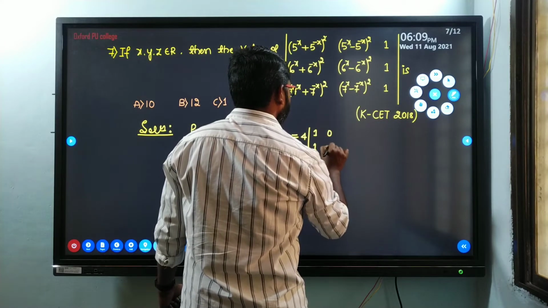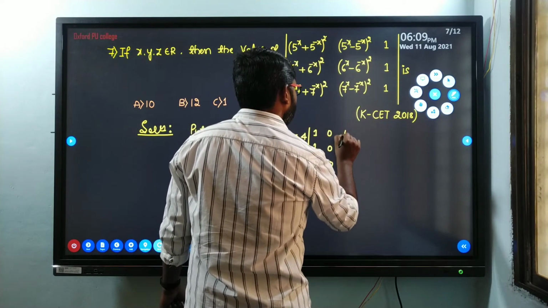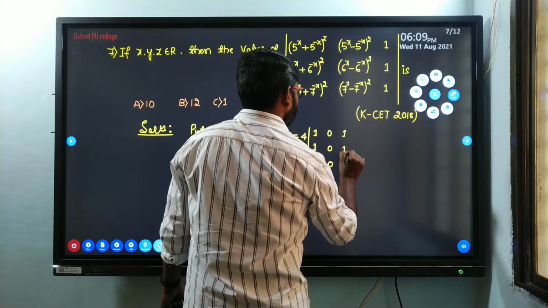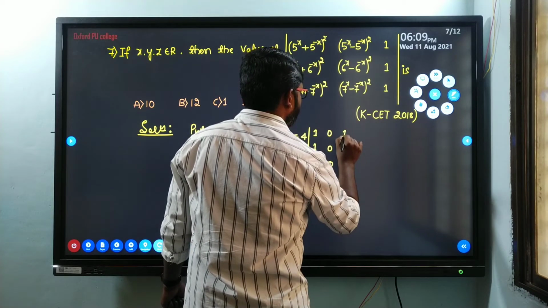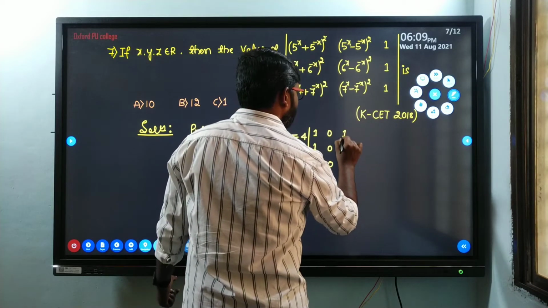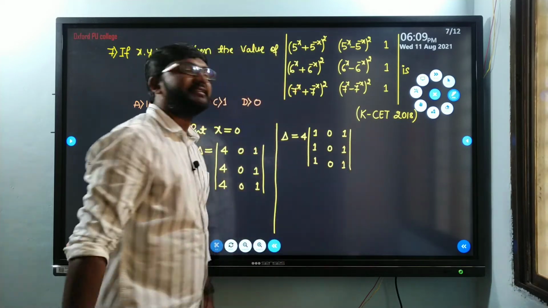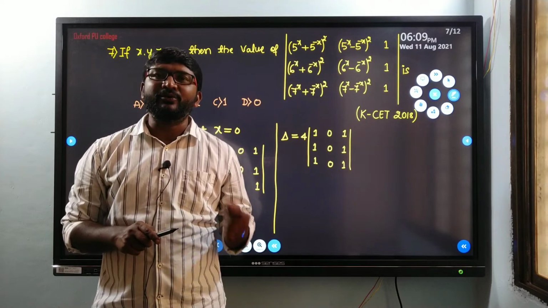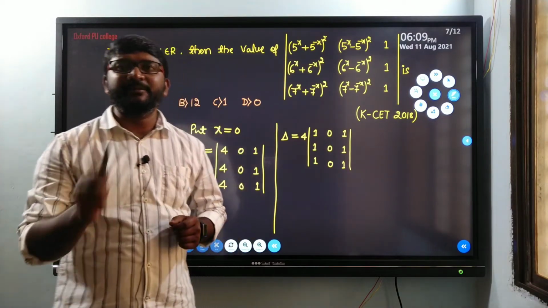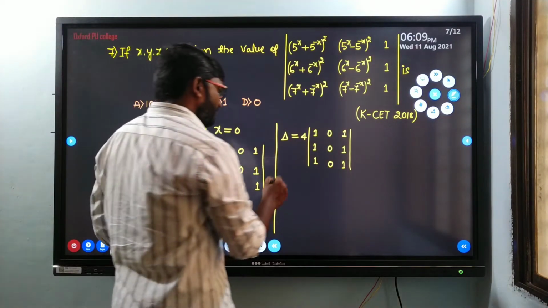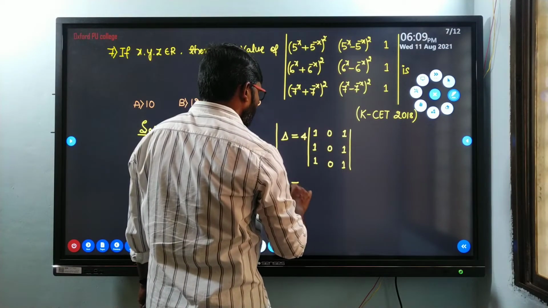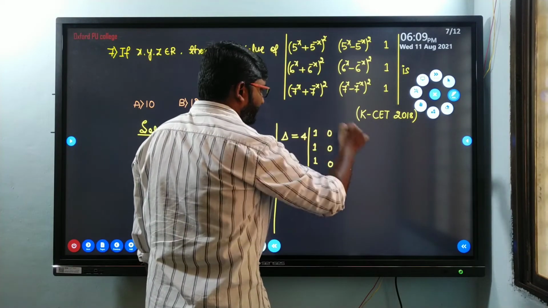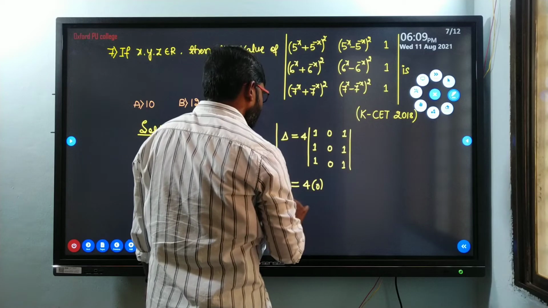Then 0, 0, 0, then 1, 1, 1. So observe one thing here. Here C1 and C3 are identical. Whenever any 2 rows or any 2 columns of a determinant are identical, then the value of the determinant is 0. So here determinant equals 4 into 0. This value will be 0. 4 into 0 is 0.